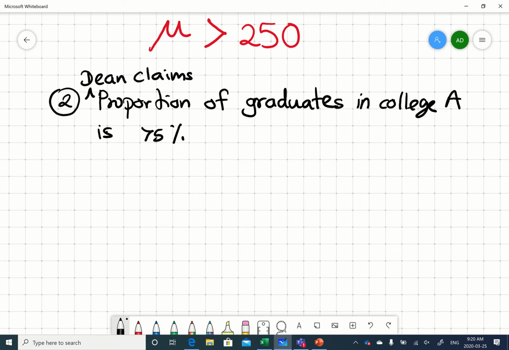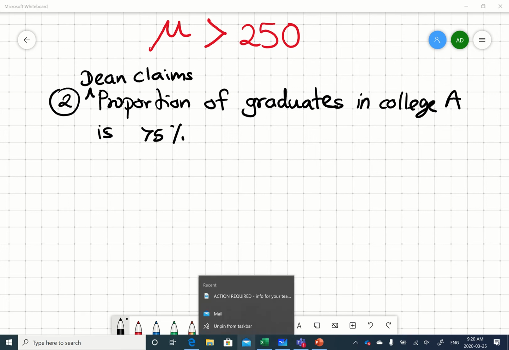It's like out of everybody enrolled in this college so far, how many graduated. That's what this value is about. If you want to validate this exactly, you would have to contact all those who enrolled so far in this college, which is impossible. So we are going to run a hypothesis test and see if the dean's claim is true.